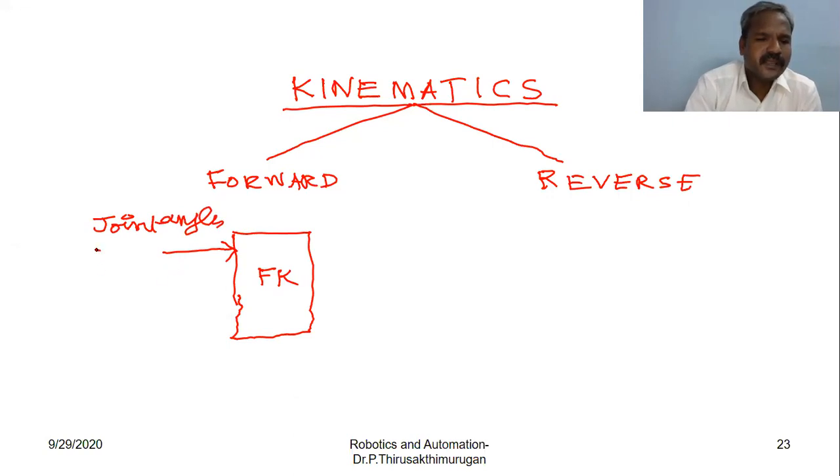Assume there is a 2 degree of freedom manipulator, which has rotational joints, an RR robo. So let us consider an RR robo. We draw a simple RR robo.